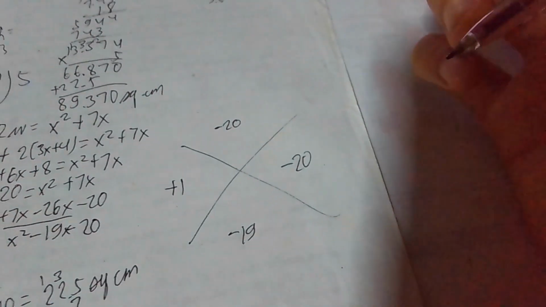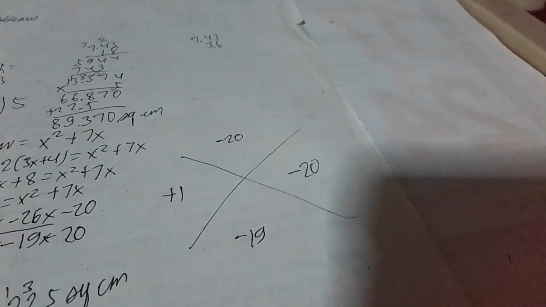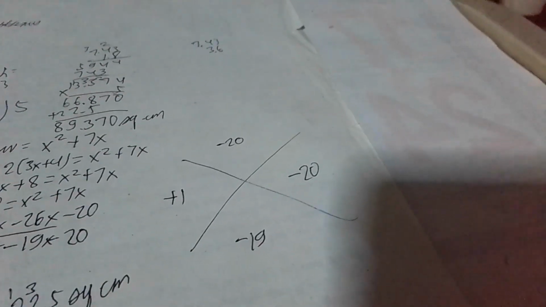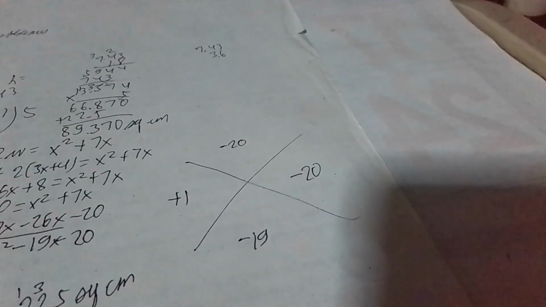So therefore, this is positive 1 and this is negative 20. Positive 1 times negative 20, positive times negative, that will give you negative. So negative 20 ay yung product namin. Then, for the sum, negative 20 plus 1. It's like we're subtracting positive 1 from negative 20. We get negative 19.